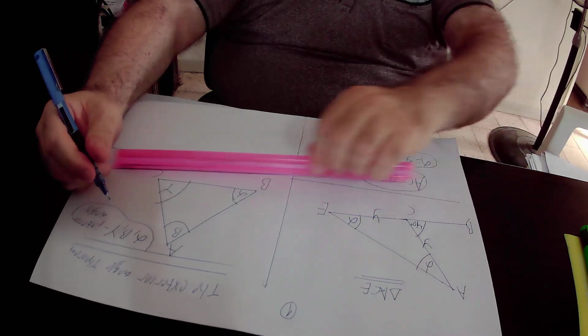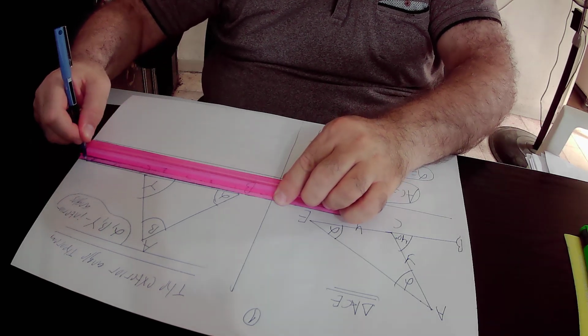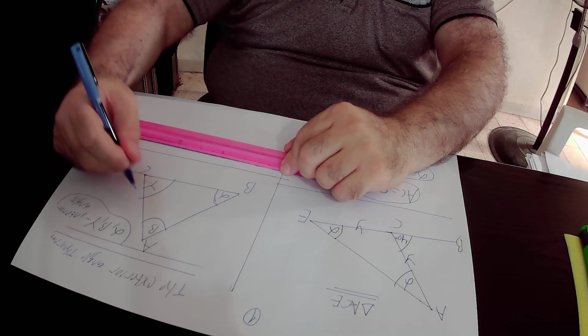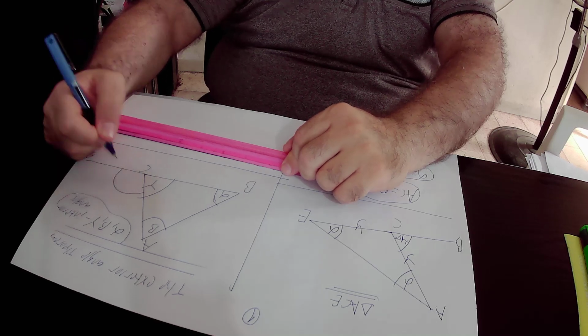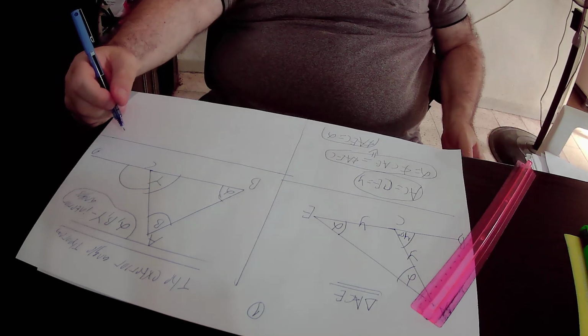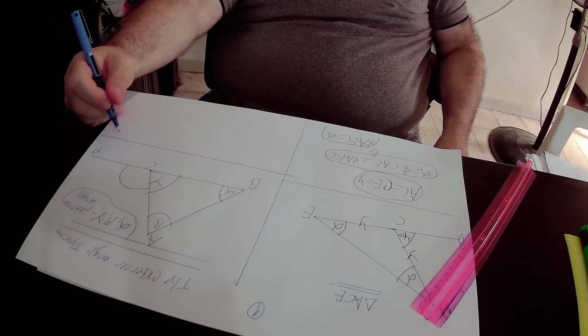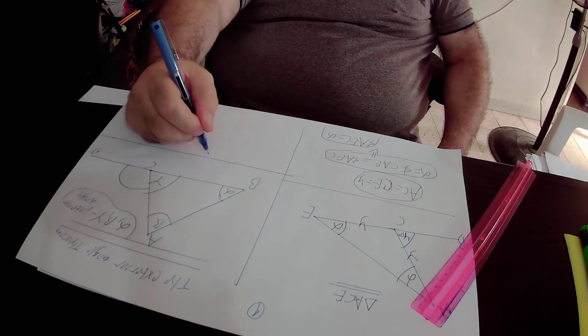While this angle ACD is defined as an exterior angle. Why? Because it is located outside triangle ABC. So I write it down.